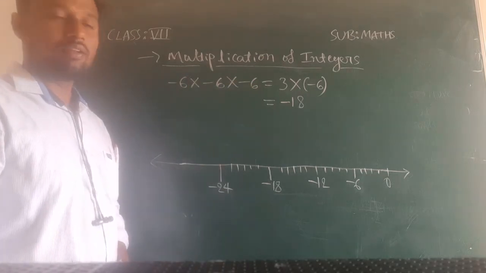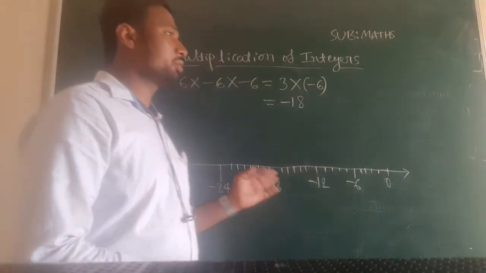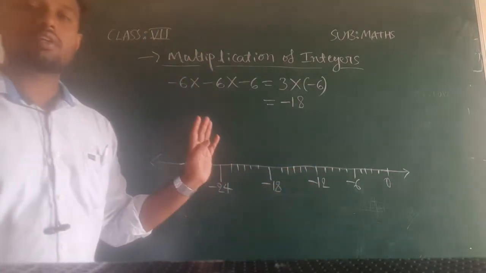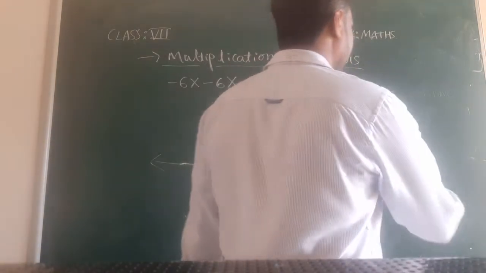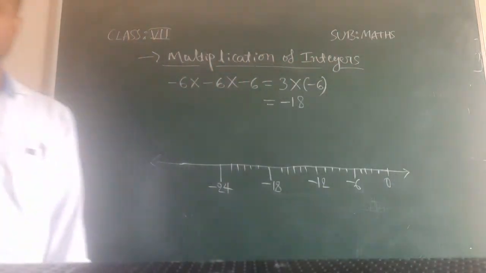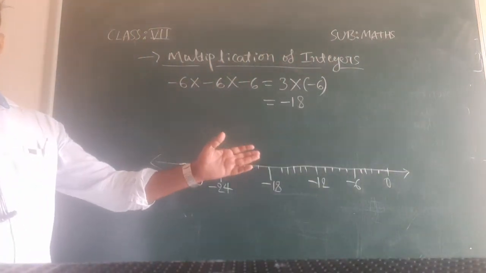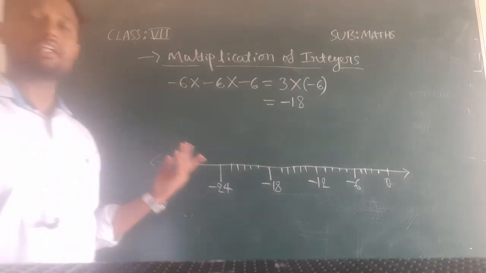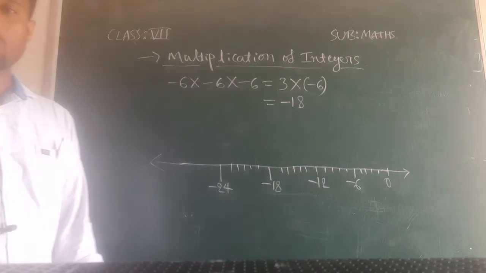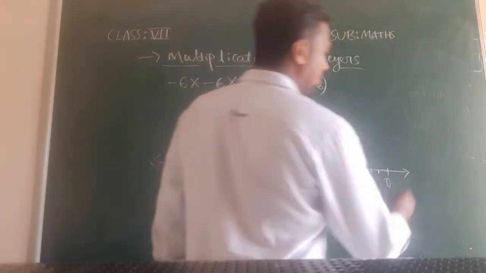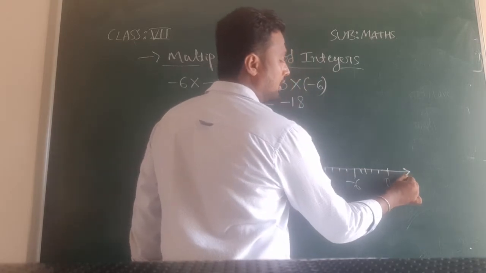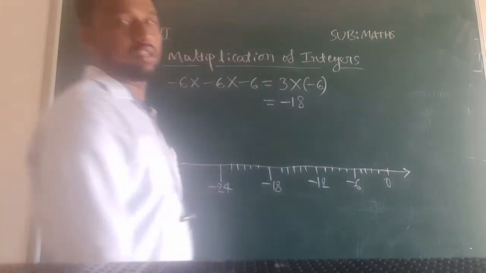One more thing you can observe while drawing this number line: on the right hand side I have not considered any positive integer, because there is no need, since we are multiplying only negative integers, so we will get the answer in negative integers only. On the right hand side we would get positive integers and it would continue like this, that's why I made one arrow mark there.